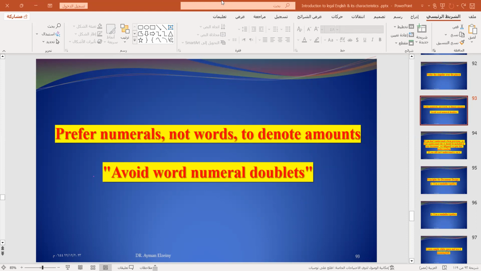Instead, we could write the paragraph as follows. The licensee must pay the licensor $200,000 within 7 days after such agreement is signed.